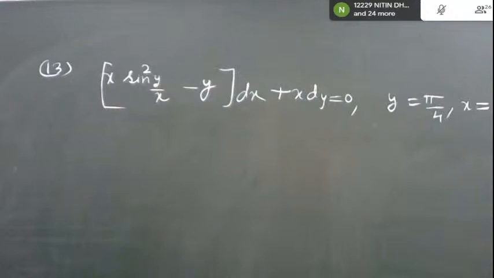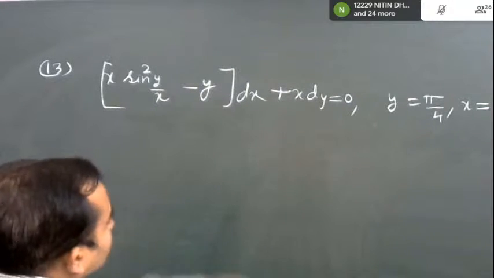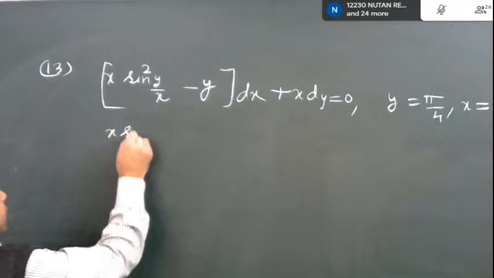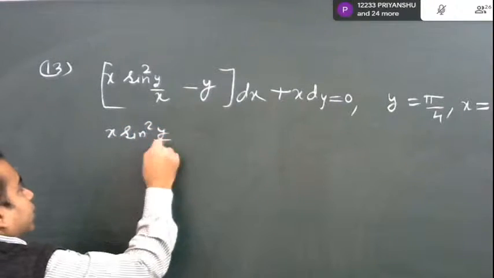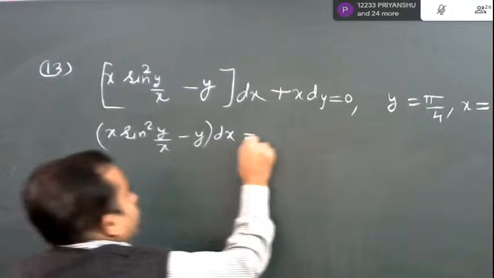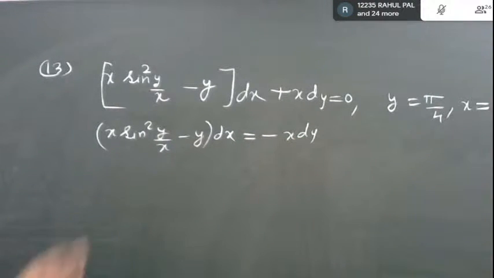Let us solve, and to solve I should bring the value of first dy upon dx. So I am going to shift this term on the right hand side. So x sin square y upon x minus y into dx equals to minus x dy. So, get the value of dy upon dx.